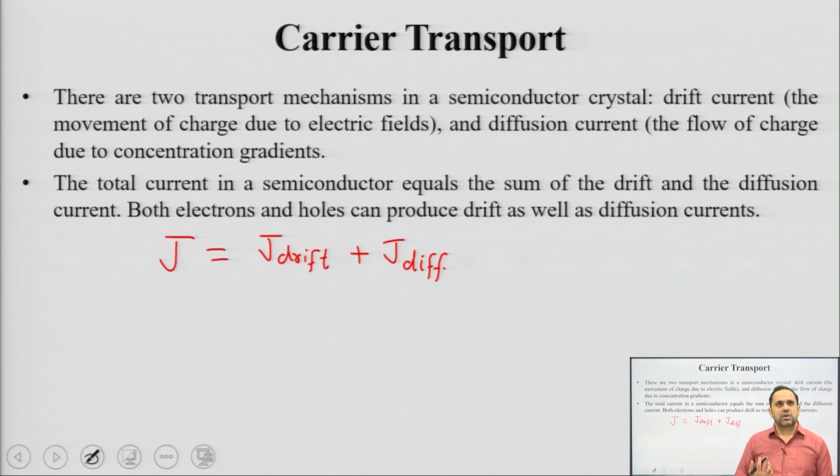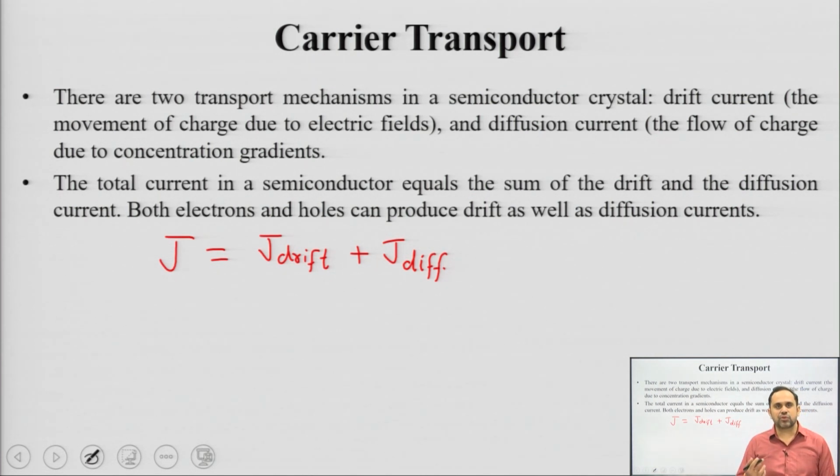Another mechanism of current inside your semiconductor is the diffusion current, whenever there is a concentration gradient. Diffusion in general is a process where particles or molecules flow from a higher region to a lower region, and in doped semiconductors we are talking about the gradient of the concentration.